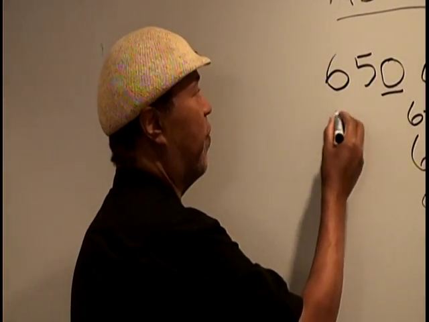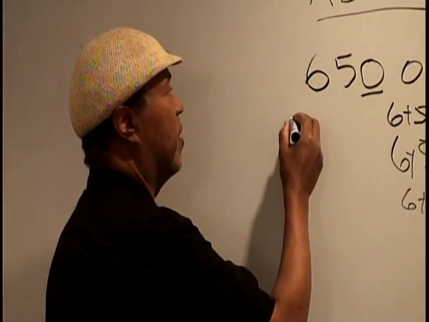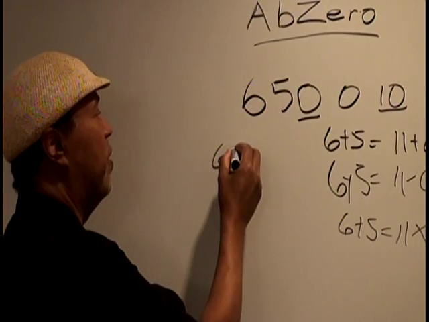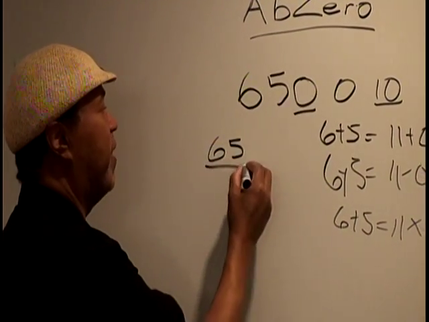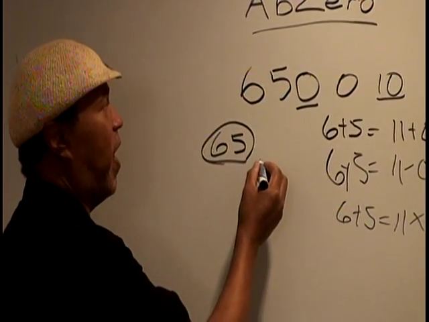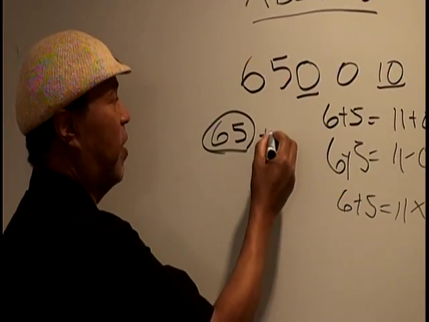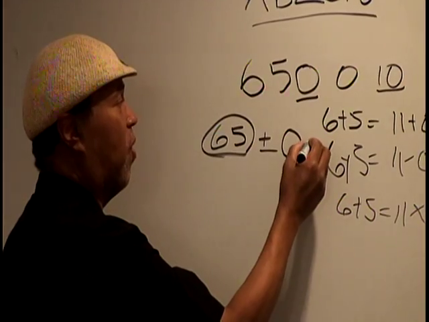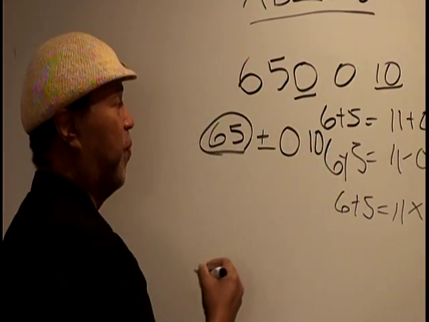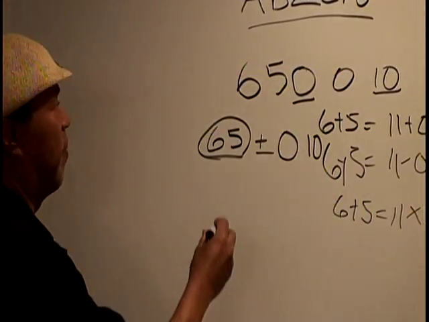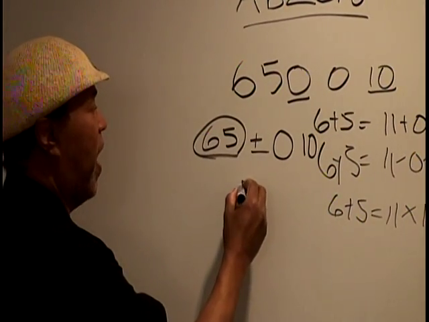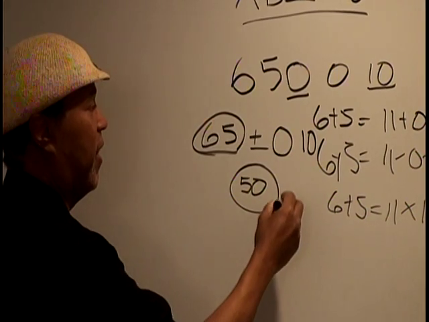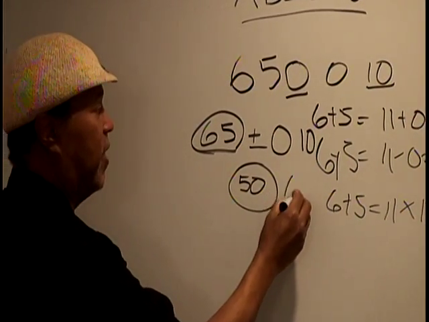So in the case of 650, you can use it completely as 650 if you have a use for it. Or you can combine 6 and 5 to be 65, plus or minus the 0 used as a 0 or a 10. You can combine the 5 and 0 to equal 50, and then you have a 6 on the outside that you have to use.